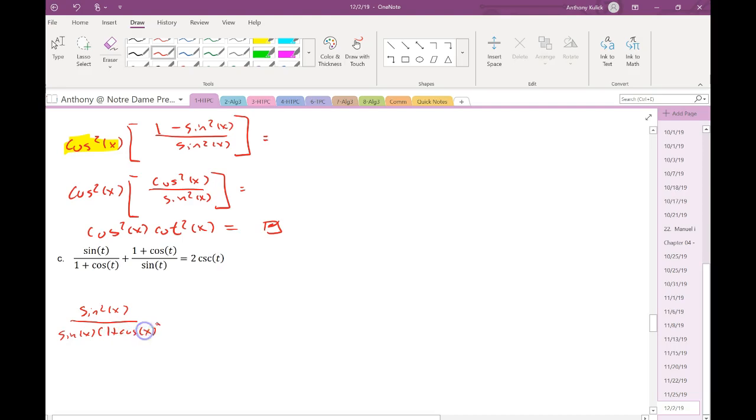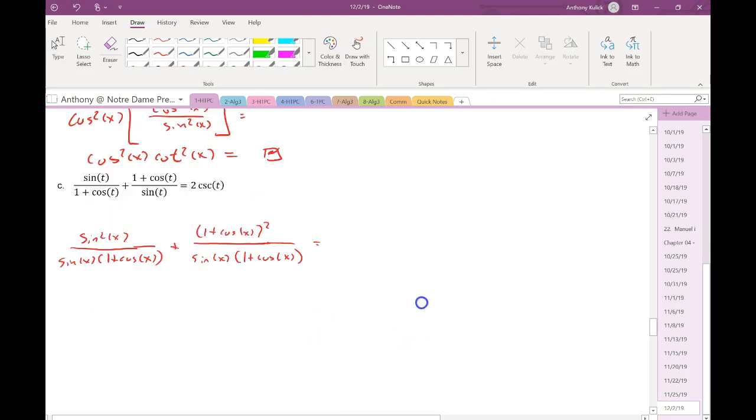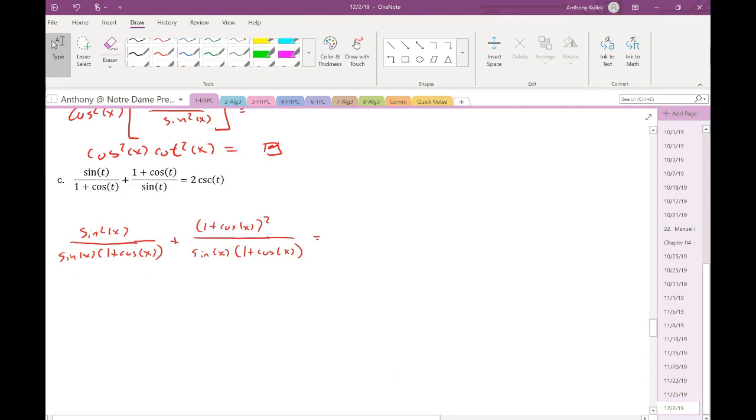I'm going to turn these all into x's apparently, so you just got to roll that with me there. So far, so good. Okay. All right. Let's FOIL out the 1 plus cosine squared, probably.